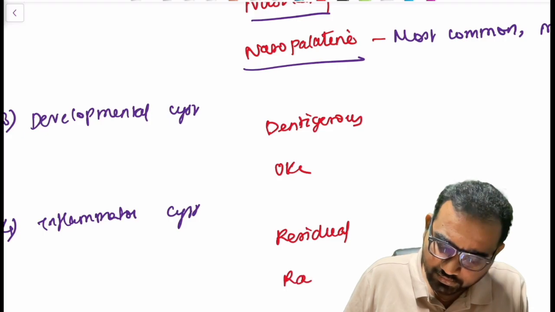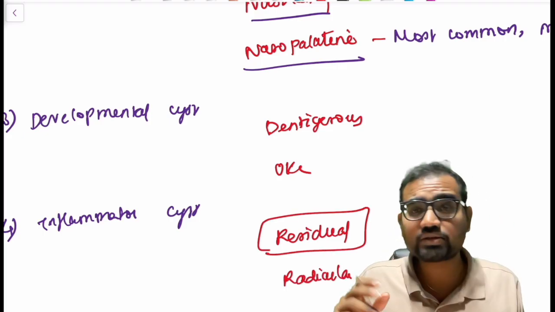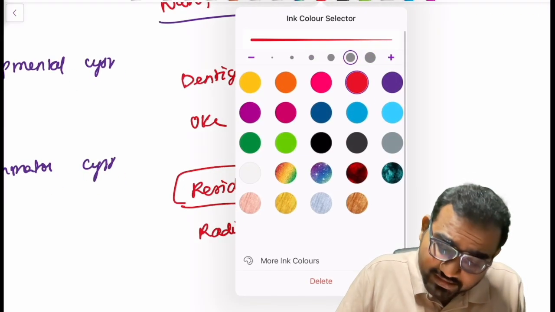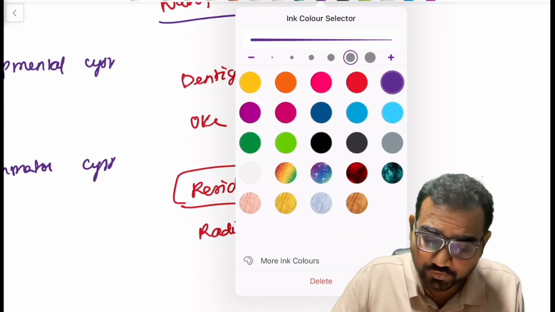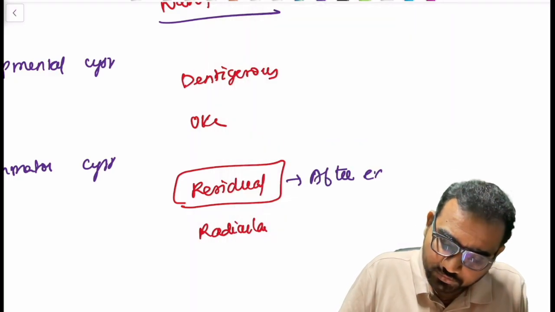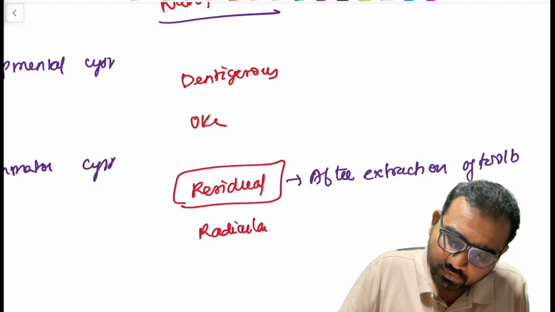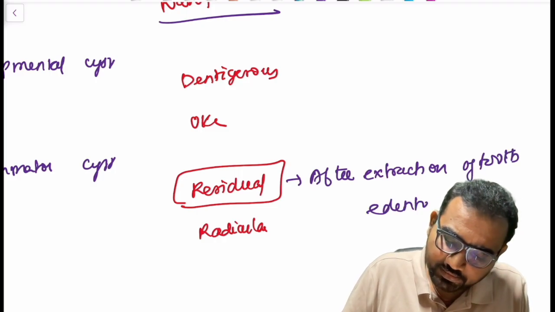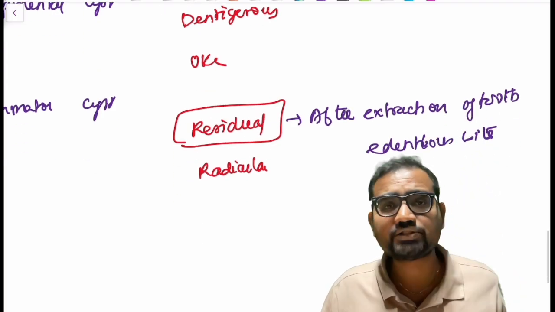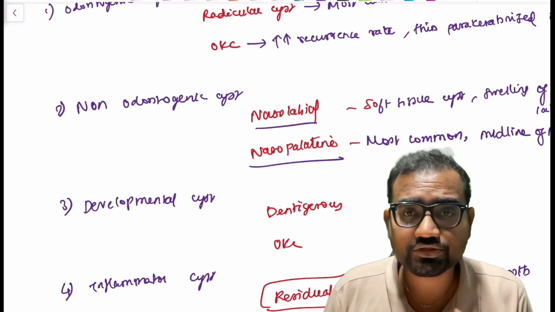So what is residual cyst? Residual cyst means it will be formed after the extraction of a tooth. After extraction of tooth, it will be present in edentulous site. So this will form the very basics of classification of cyst.